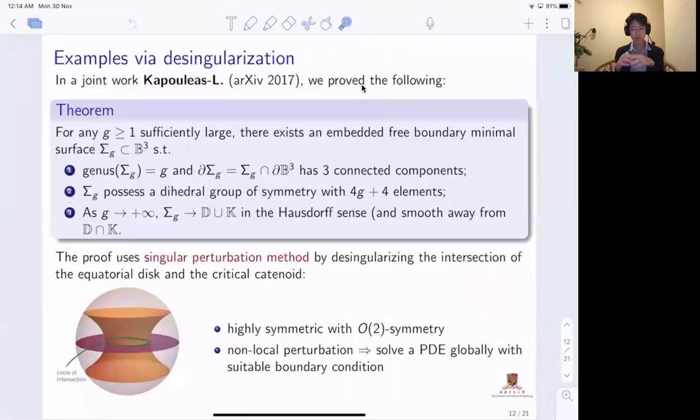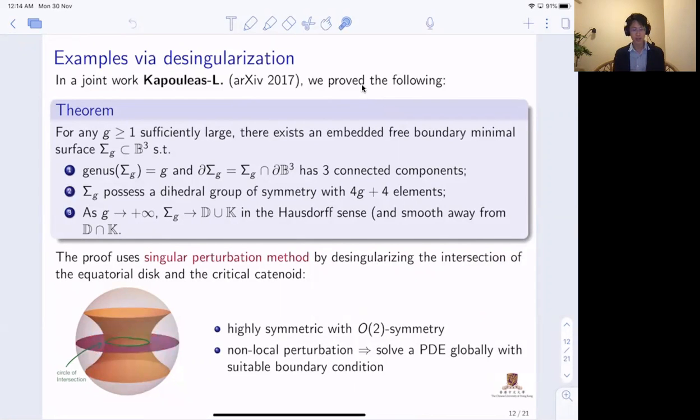They are roughly like the Costa-Hoffman-Meeks surfaces, which are complete minimal surfaces in R3 with finite total curvature and finite genus. They also have a dihedral group of symmetries given by reflection about some vertical planes, and they are also symmetric about some horizontal lines passing through the origin.